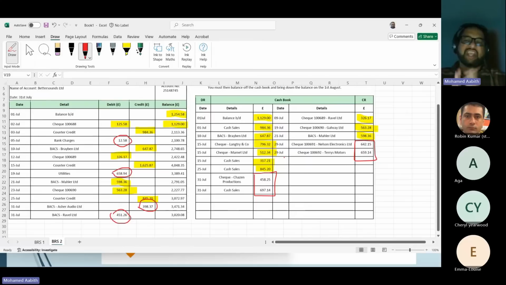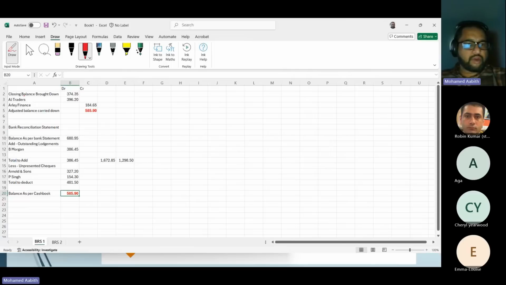But regularly, checks take up to 3 business days. Okay, so in this scenario, I need to update my cash book with these transactions, and also this one will get updated and we will give you a new cash book balance. So what I'm going to do, I'm going to copy this statement. Yeah.